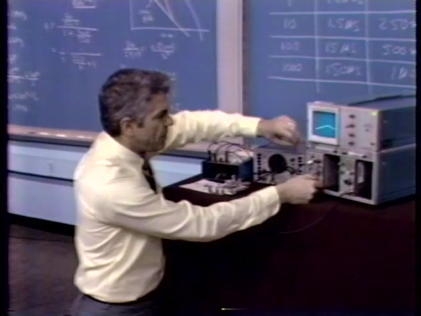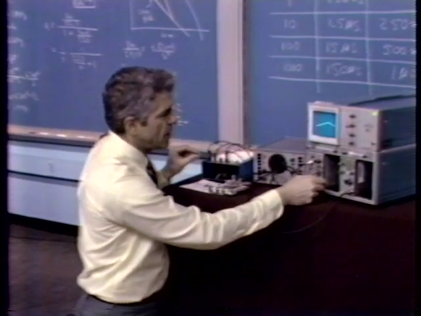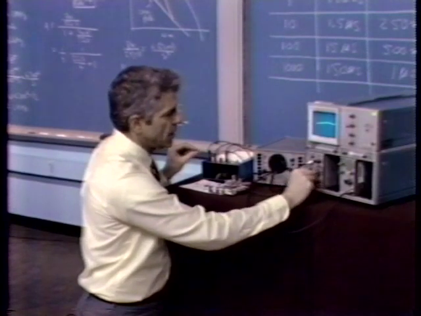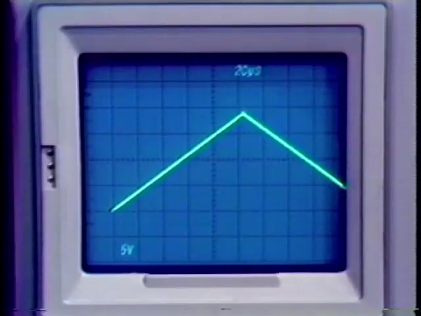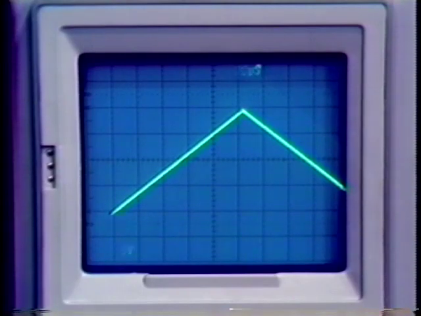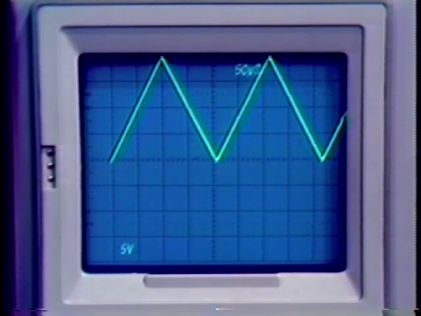In fact, this amplifier has an output dynamic range of about plus or minus 10 volts, and let's drive very close to that. Here we are at 5 volts per division. Let me run the input amplitude up to the point where we're getting an output amplitude of about 20 volts peak to peak, plus or minus 10 volts. So let's move that up in there.